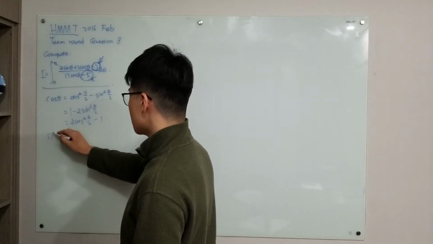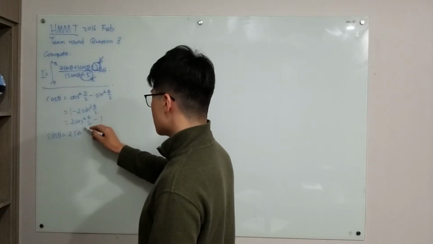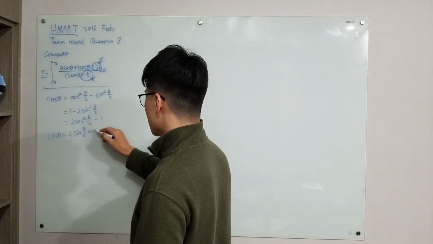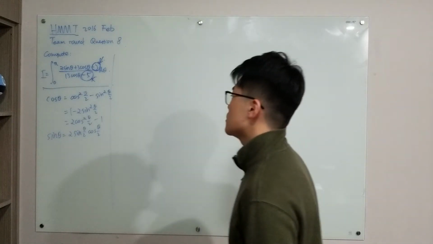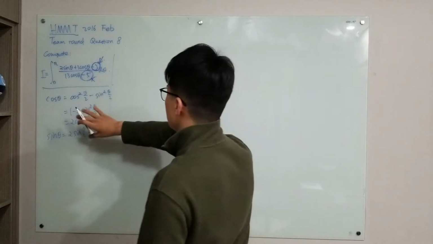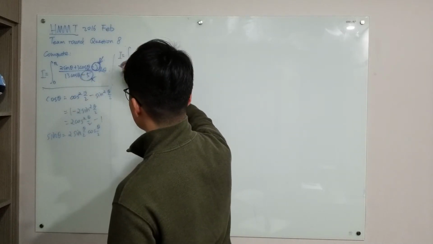And sine theta, similarly, equals 2 sine theta over 2 cosine theta over 2. Then the next thing we are going to do is substitute those equations into this integral to eliminate the constant term.